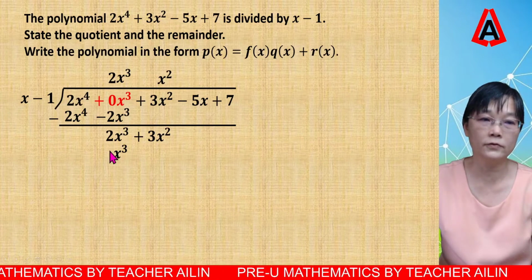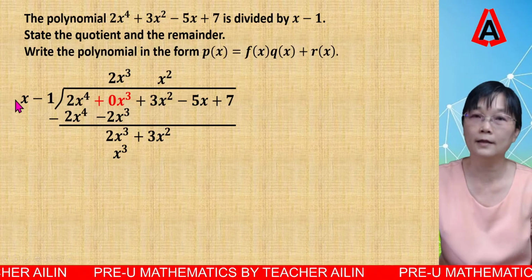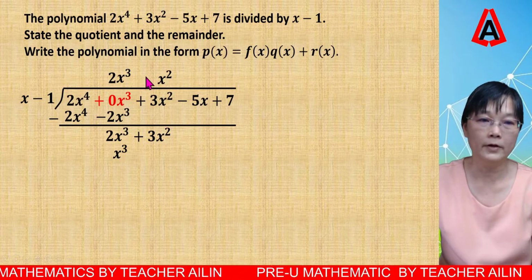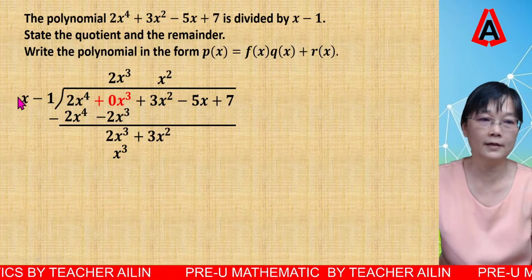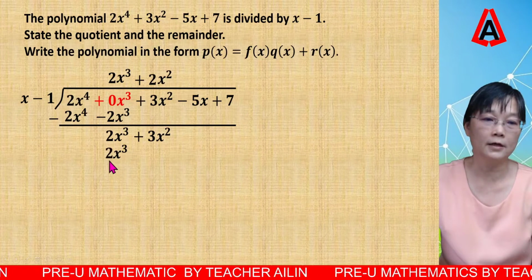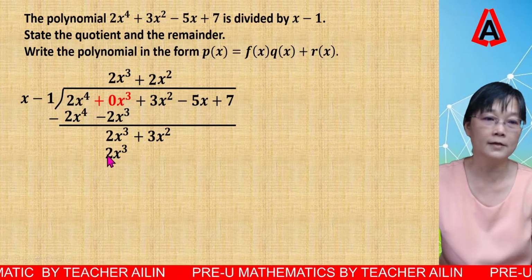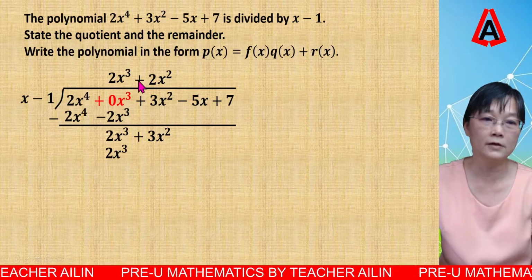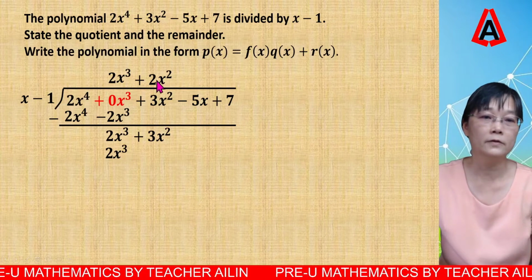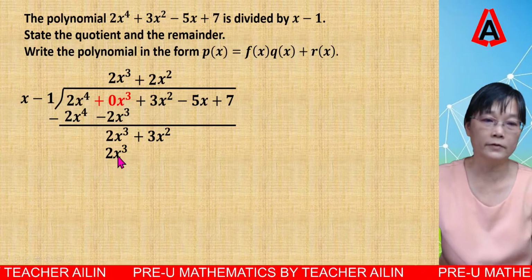We should get a 2 here. Since the coefficient of the divisor is 1, we think 1 times what number gives 2? Definitely 1 times positive 2 gives 2. We must consider the positive and negative here. Since this one is positive, so this is plus 2, that is positive 2. So 2x power 2 times x, we get 2x power 3.